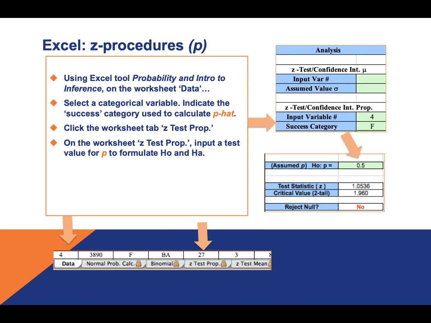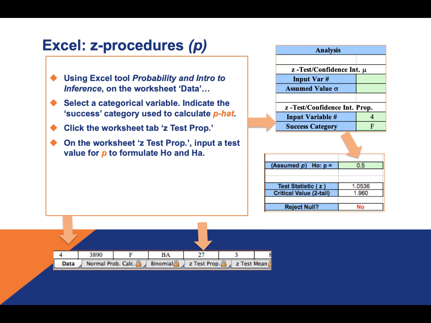We can easily use our Excel tool, Probability and Intro to Inference, to run z-tests for either proportion or the mean. Let's begin with proportion. We would need to input the variable number, here number 4 for gender, as well as a success category, or the category of interest, which is going to be used to determine our p-hat.